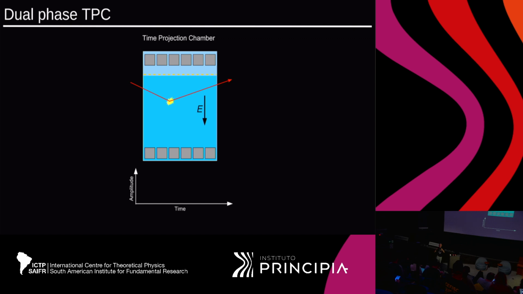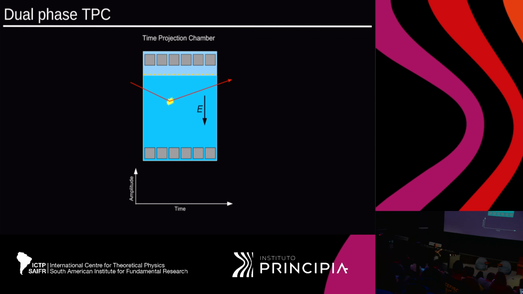And that will produce that when you have charge that is very close to this grid, it will be extracted from the liquid and accelerated, and that in turn will produce a light signal. Okay, and we will see how that is used.